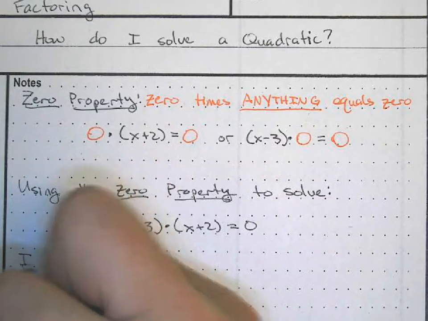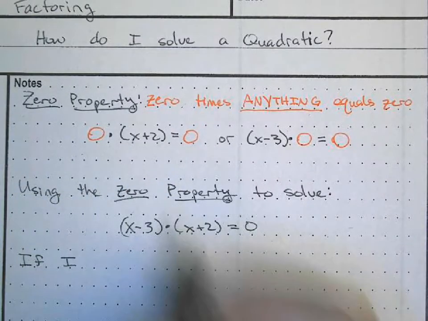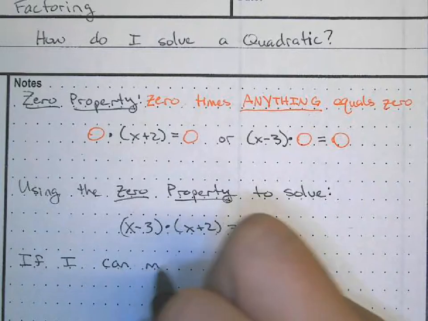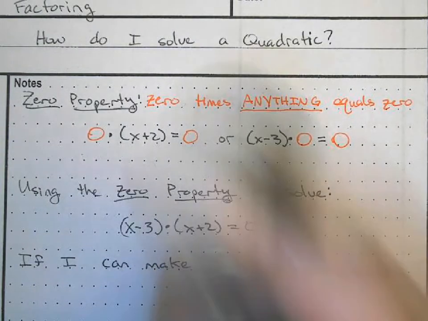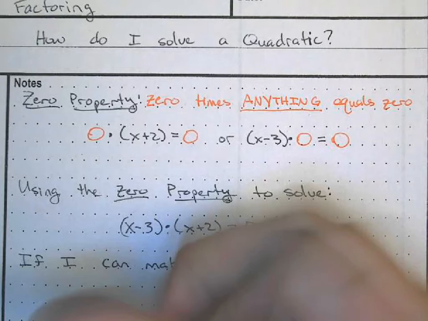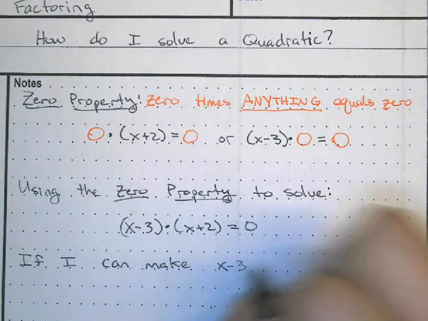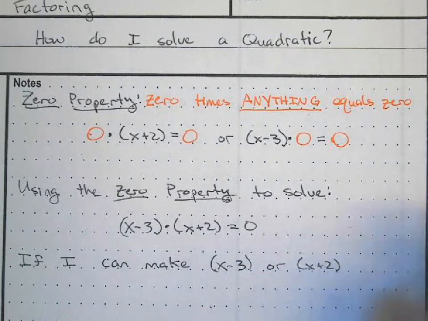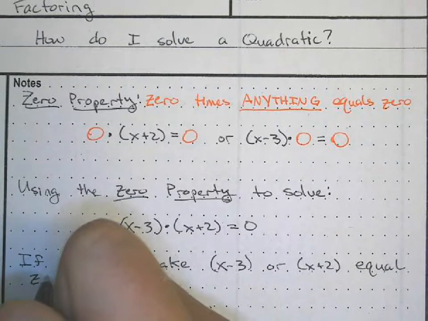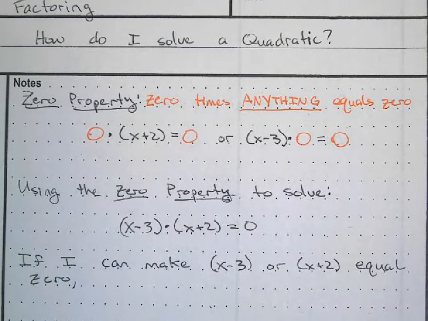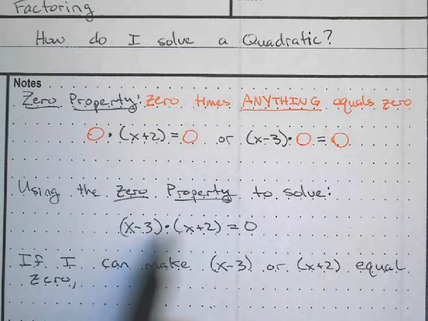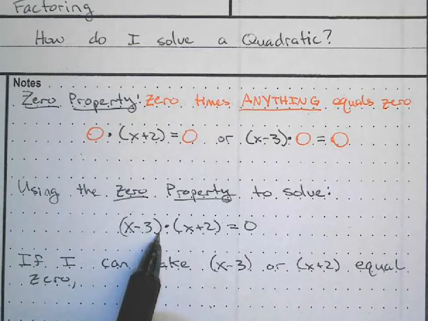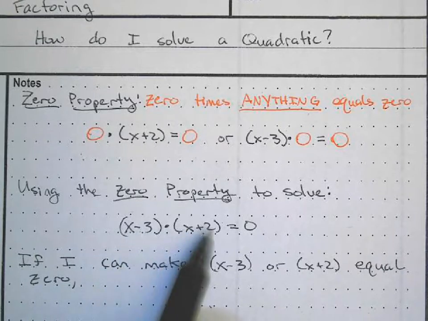Well, the idea is, if I can make x minus 3 or x plus 2 equal 0, so if I can make x minus 3 equal 0, then this whole left-hand side will equal 0, because I'll have 0 times something.